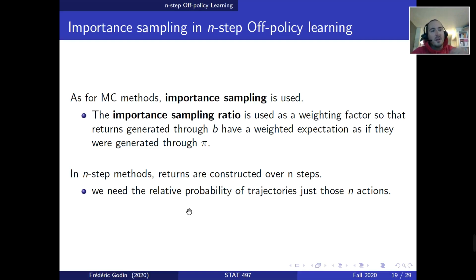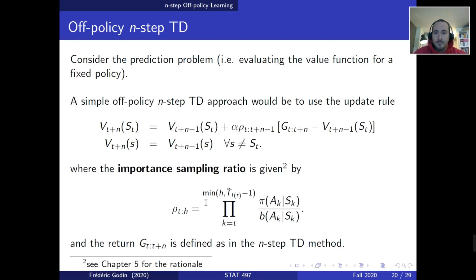But this was until the end of the episode, whereas here for the n-step method, the importance sampling ratio will stop after n steps. You don't need to go until the end of the episode because the target policy does not consider actions beyond the next n steps: instead of considering subsequent actions, the target uses bootstrapping and does not rely on actions beyond the next n steps.